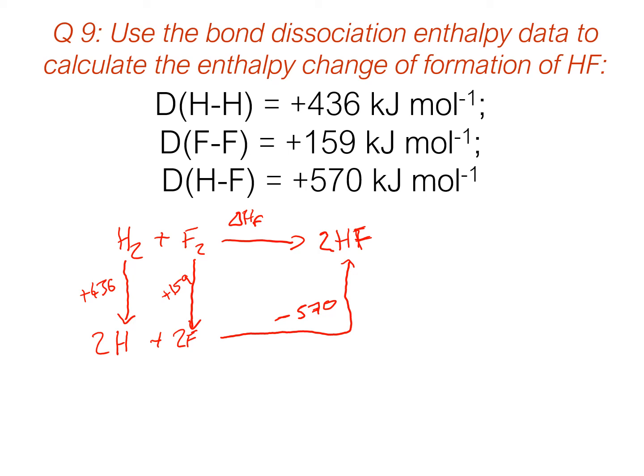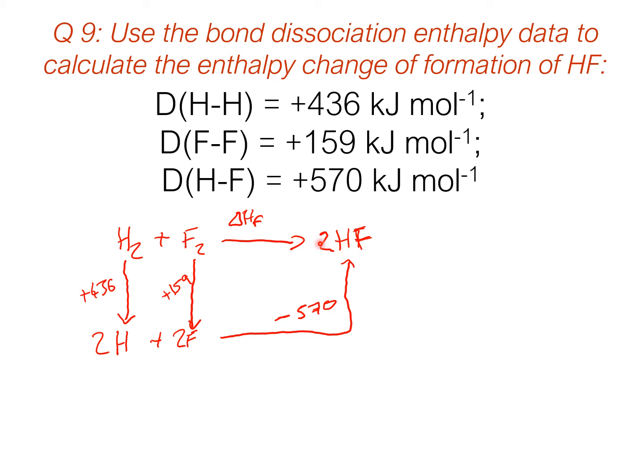So essentially we can follow this diagram round, following the arrows and adding up all the enthalpies to get to HF. What we need to take into account though is that with these values, the dissociation, it's going from a molecule to 2 hydrogens and 2 fluorines. And with this dissociation energy here, we're actually only making 1 mole of HF.